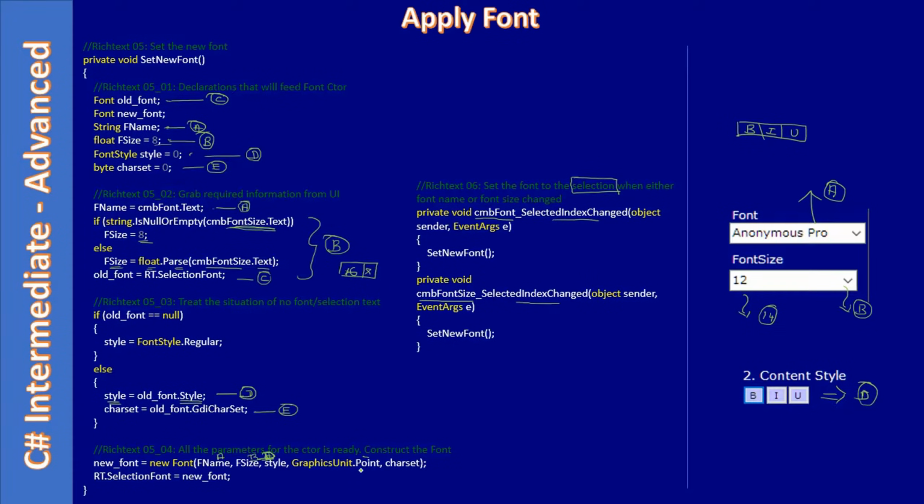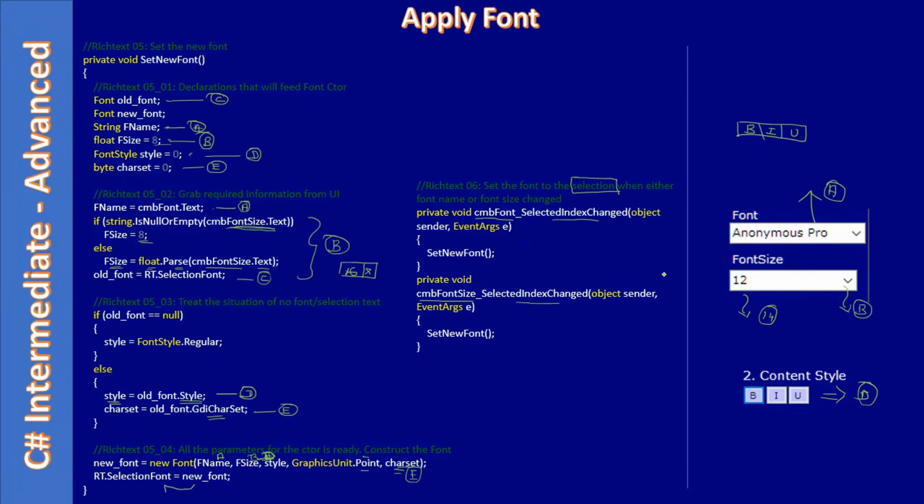So this one is required for the new construction. Then char set is by default 0. From here GDA char set, we are retrieving it from the old font itself. Old font in the sense the selected text font. That's all. We supply everything. Here it is E, char set. And the new font, we are assigning it to our selected font property. That's all here.